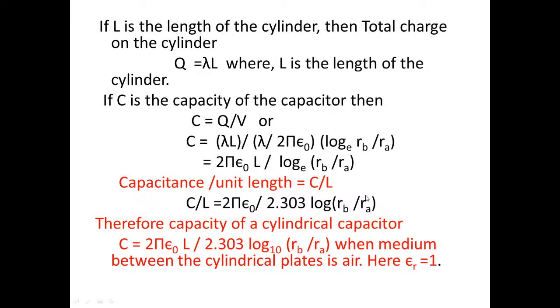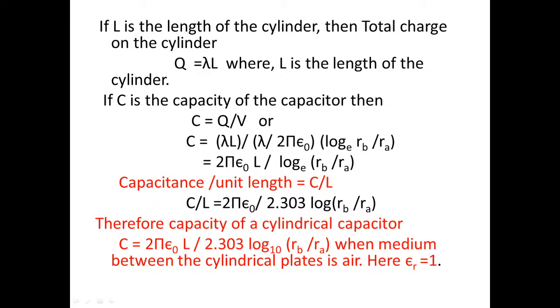Therefore, capacity of a cylindrical capacitor C is equal to 2 pi epsilon naught L over 2.303 log of RB upon RA when the medium between the cylindrical plates is air. So here epsilon is equal to 1.